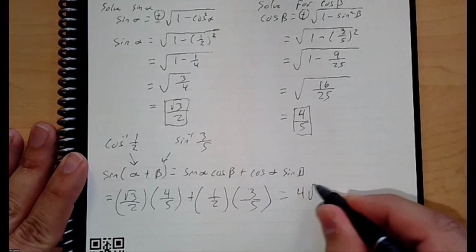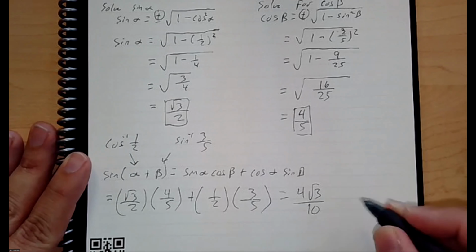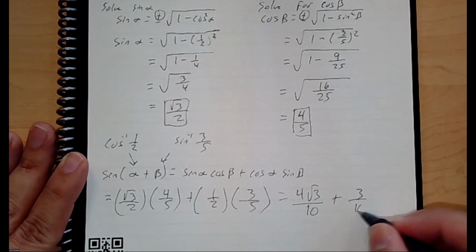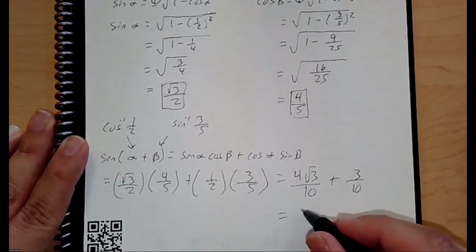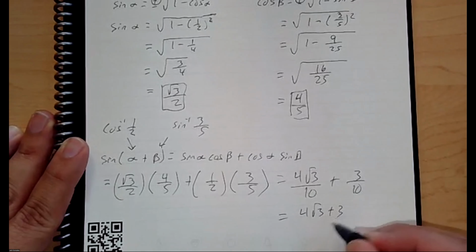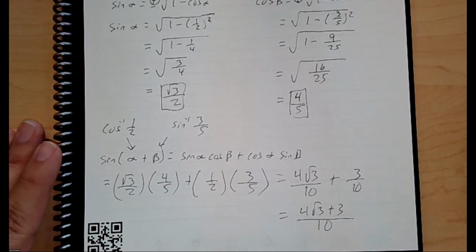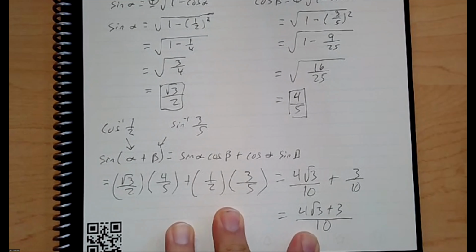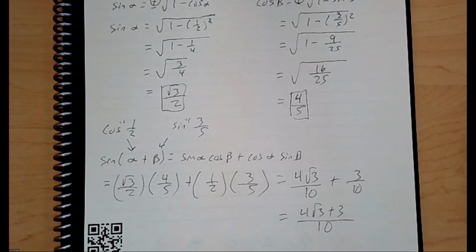So that would be 4 root 3 over 10 plus 3 over 10, which is 4 root 3 plus 3, over 10. Anyway, this is just fractions, who cares? But does the concept make sense?